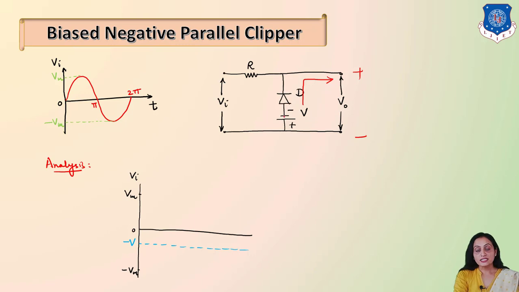So the negative terminal is connected towards this output plus, that's why I will consider the reference voltage as minus V, which is plotted over here.